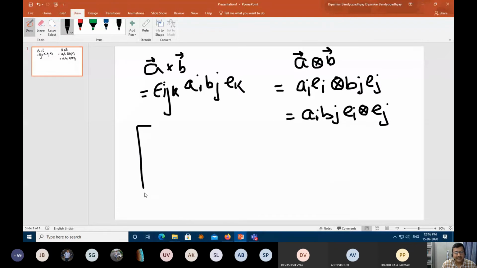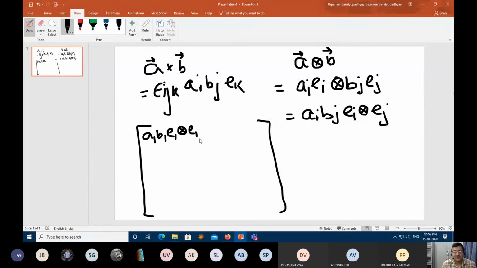If I expand this in a three-dimensional coordinate system, I just write a few. Suppose the first one will be A1 B1, and then there'll be a hidden e1 dyadic e1, which I don't write. Then there will be e1 dyadic e2, e1 dyadic e3, and so on.